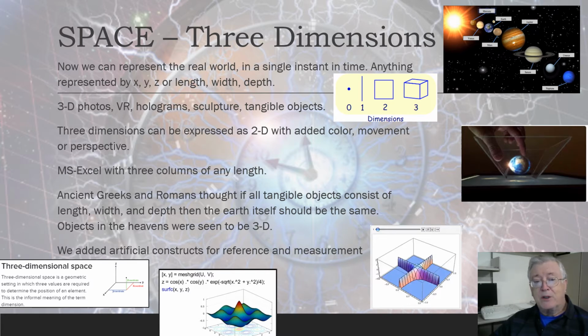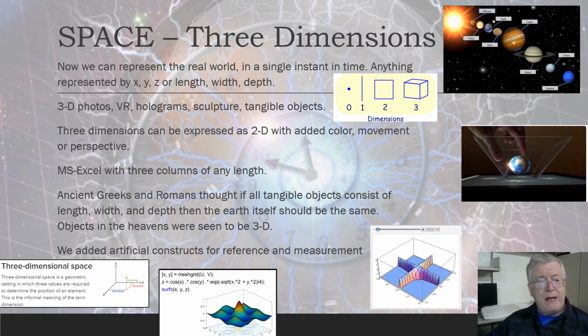3 dimensions can be expressed as 2D with added color or movement or perspective. You guys that are obsessed with perspective. So an artist can draw a painting with perspective.